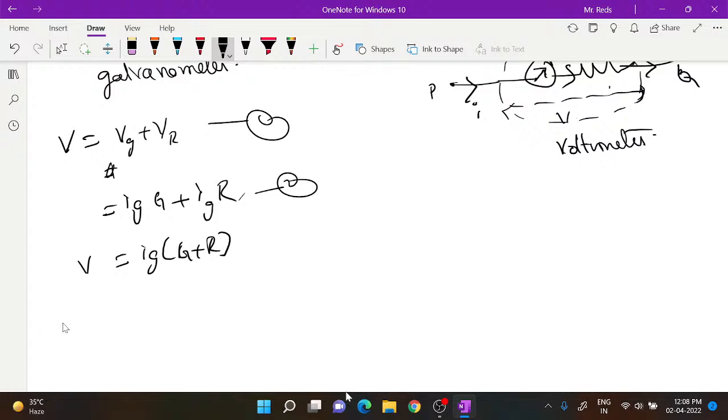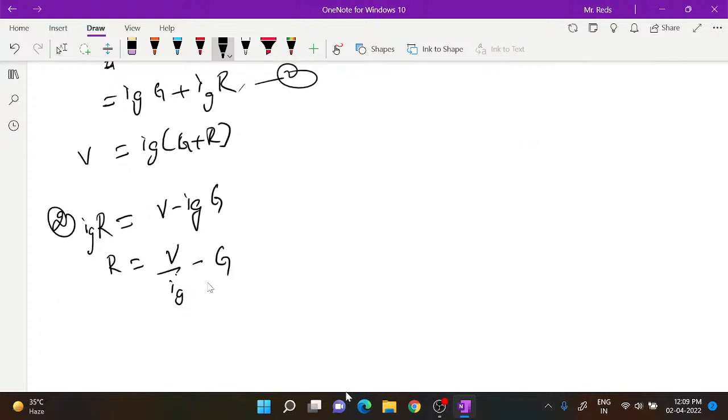From 2, the high resistance required to convert a galvanometer into a voltmeter, in terms of galvanometer resistance G: IgR is equal to V minus IgG, so R is equal to V by Ig minus G. This will be the value of the high resistance required to convert a galvanometer into a voltmeter, right?